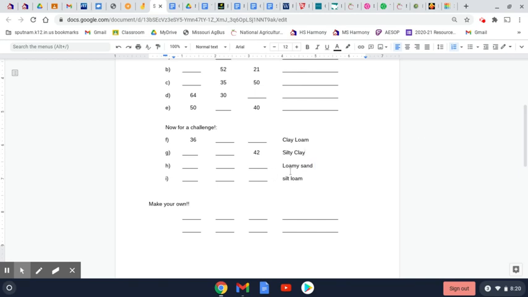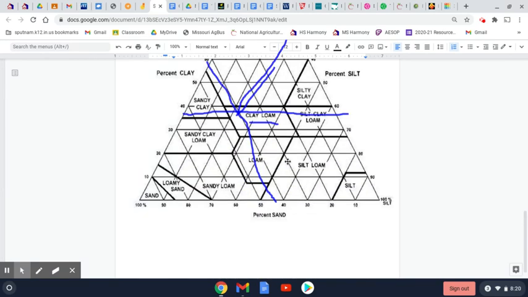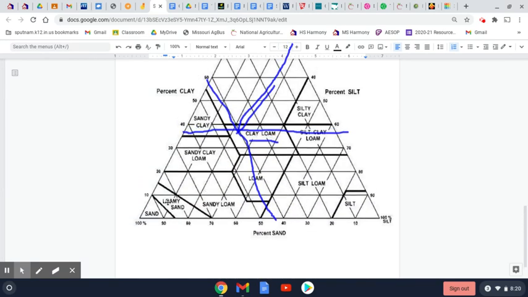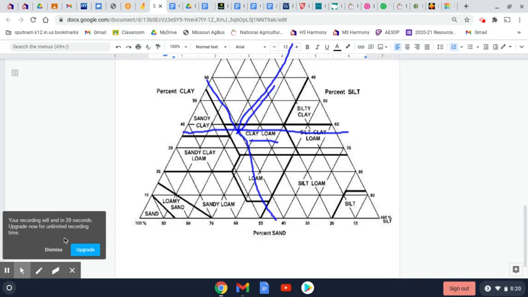If they just give you a texture, for example, loamy sand, there's not a lot of options for what the percentages could be, but it's up to you to make what those percentages are as long as it lands in loamy sand. For example, the percent sand would need to be between 70 and about 85 to work for that example.